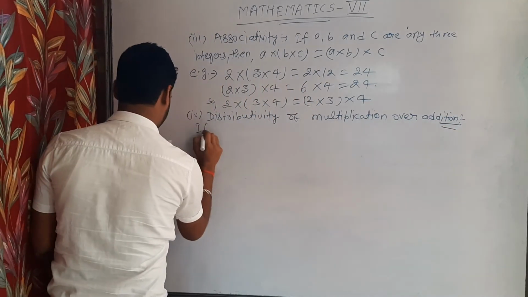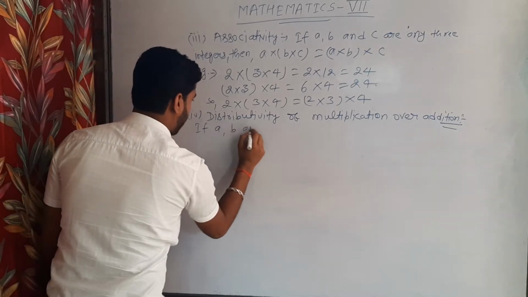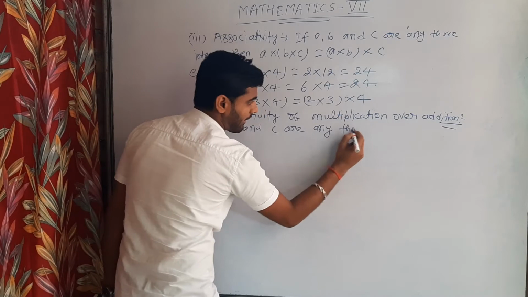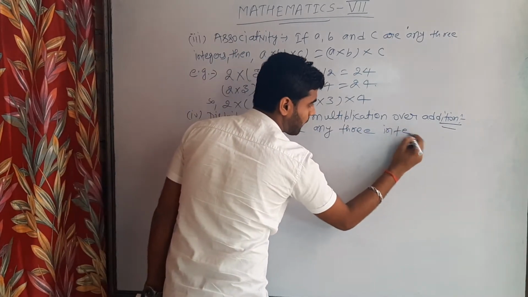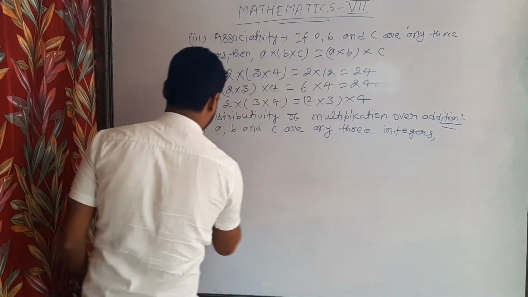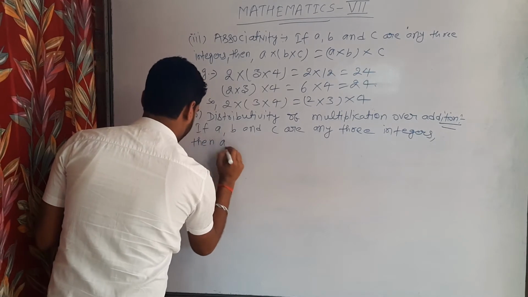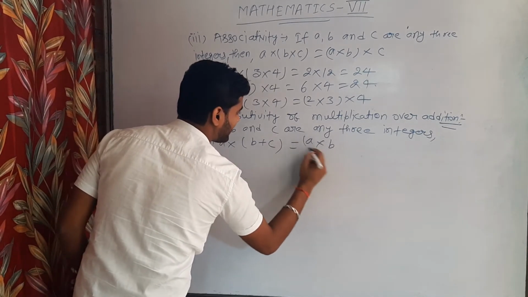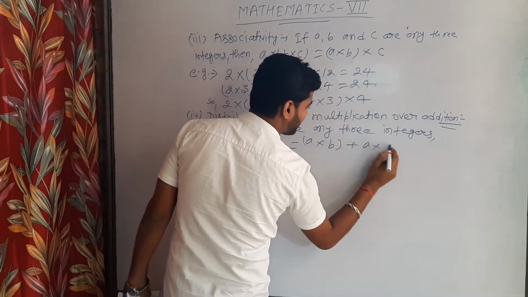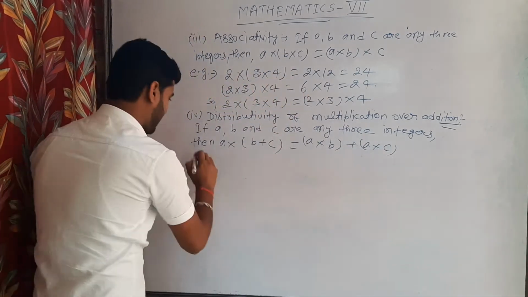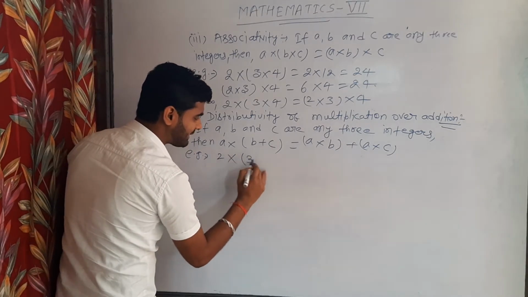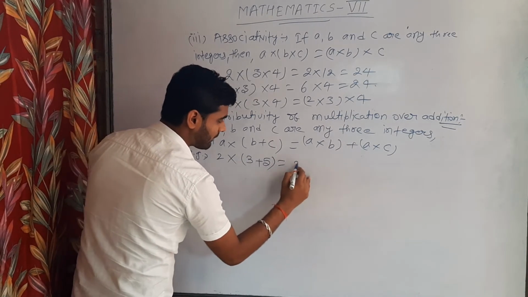If A, B and C are any three integers, then A multiply (B plus C) is equal to A multiply B plus A multiply C. As an example, 2 multiply (3 plus 5).